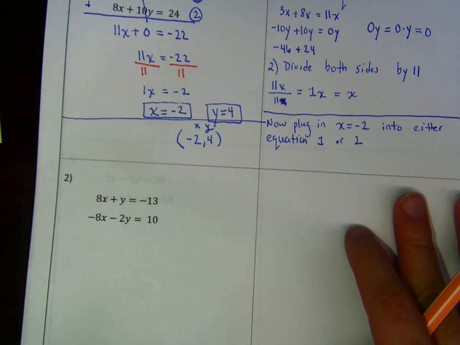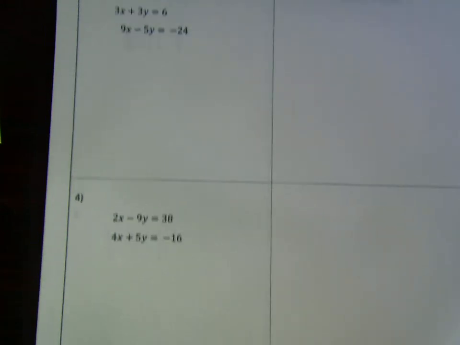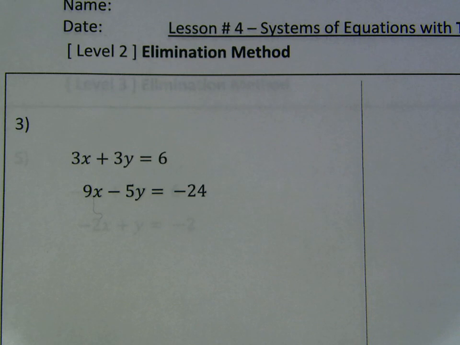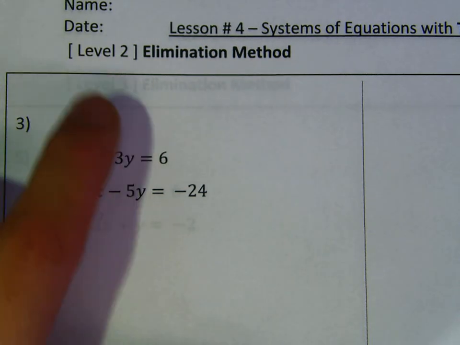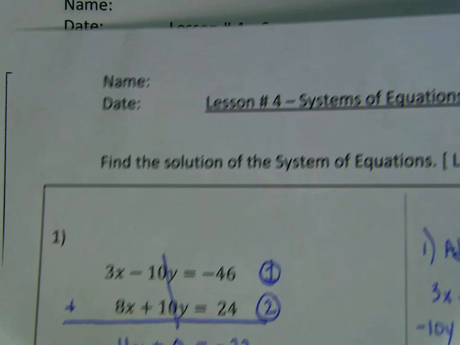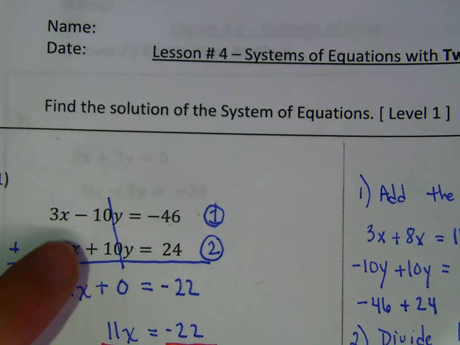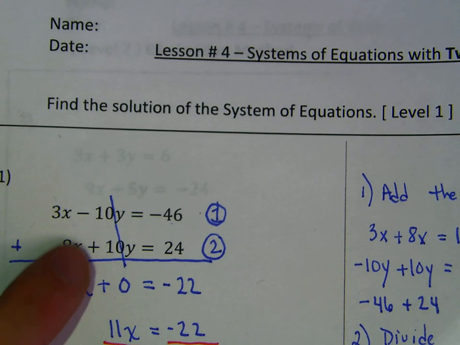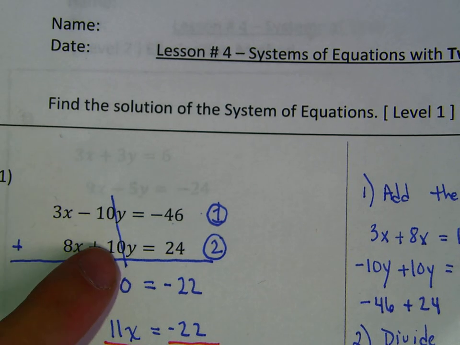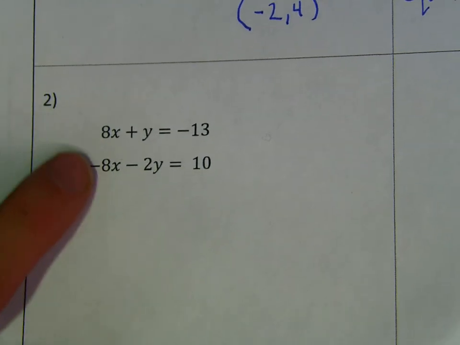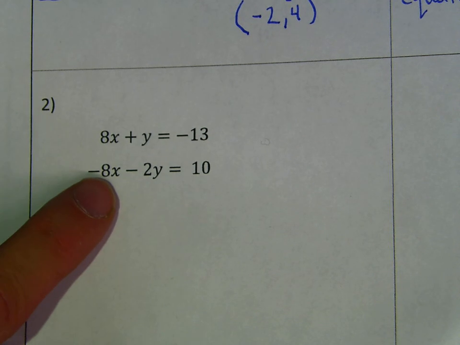But now, for the good part, level 2. Let's take a look at a level 2 together. Here, what makes this level 2 versus this being level 1? Notice that in level 1, you have a negative and a positive of the same number next to the same variable.